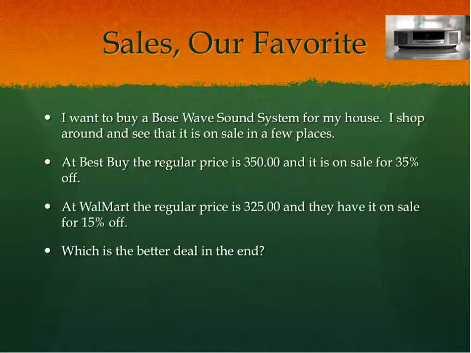so while I'm doing that, figure out what the Walmart discounted price is going to be. Okay, so I'm getting some people telling me what I'm getting off at Walmart, but I want to know what the discounted price is going to be at Walmart.